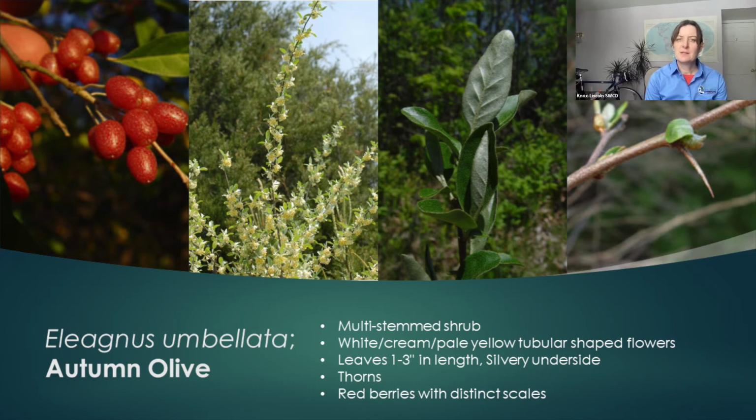The leaves on the autumn olive are elongated. They're green on the top side of the leaves, but they are distinctly scaly and silvered on the underside. And from a distance, particularly if it's a bit breezy, that silvery underside is very distinct.